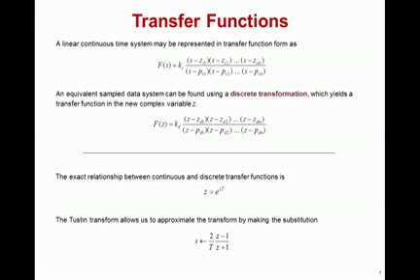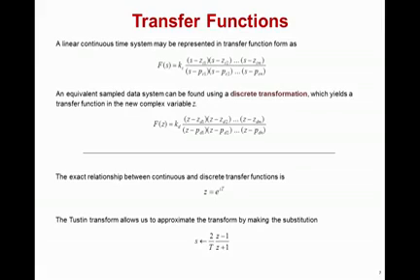A linear time system can be represented using this transfer function shown at the top of the screen. This same transfer function can be transformed into the Z domain and given the form shown halfway down the screen. The relationship between Z and S to make the conversions from the Laplace domain to the Z domain are shown in the bottom half of the slide.